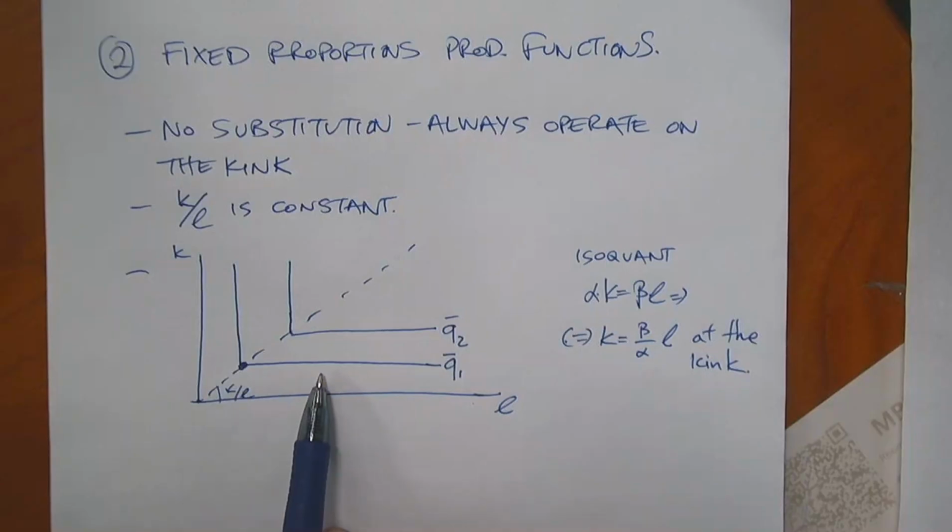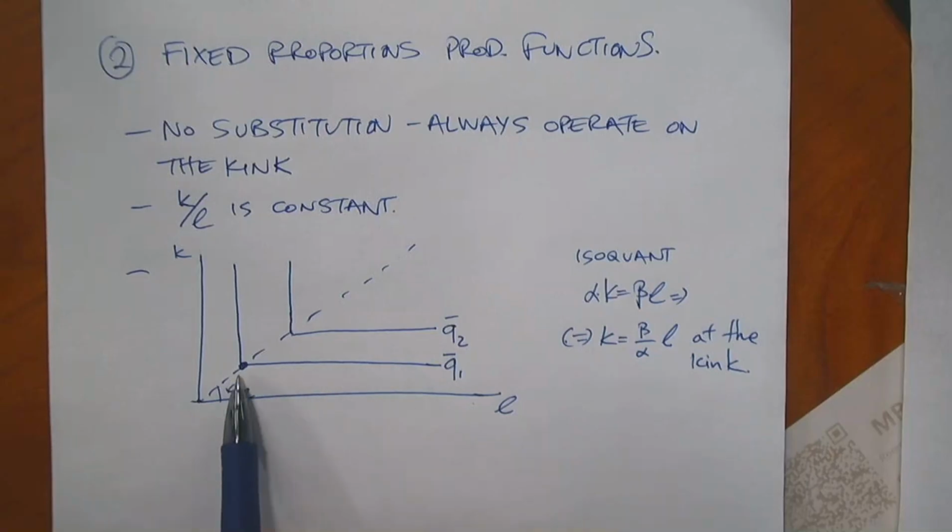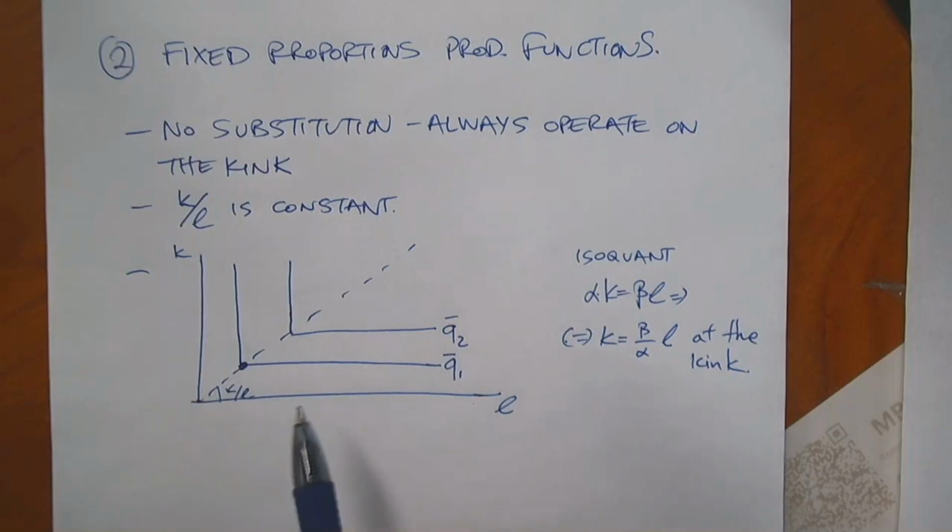If you increase labor and keep capital the same, you're still going to be producing Q1. If you increase capital and keep the labor the same, you're still producing Q1. The only way to increase production is to increase both inputs at the rate given by your production technology.